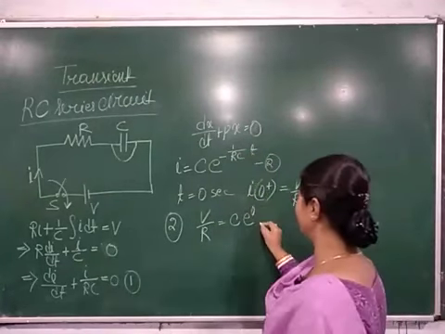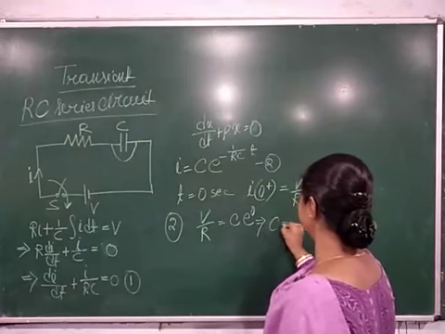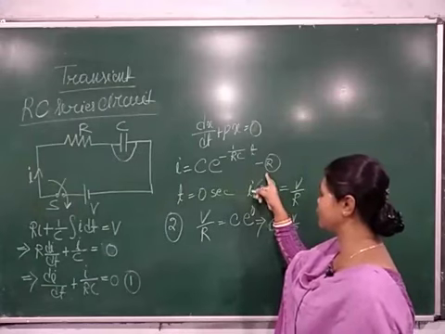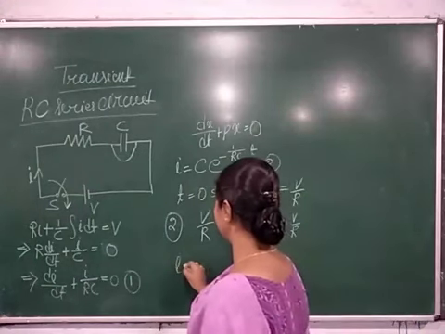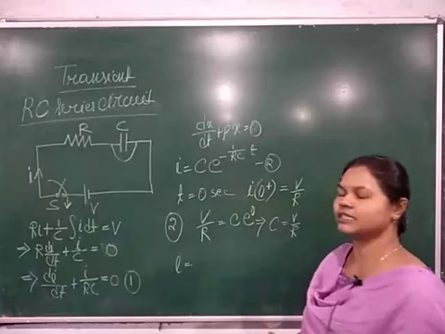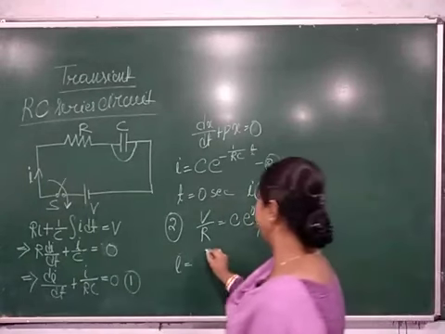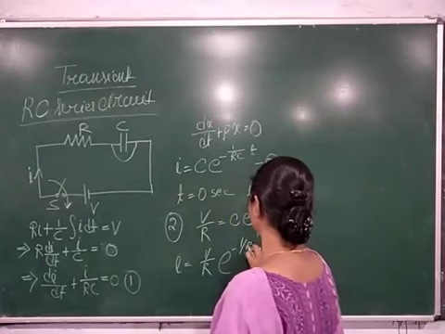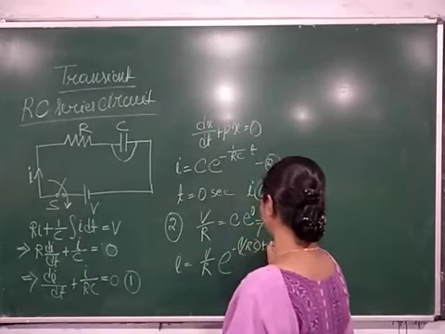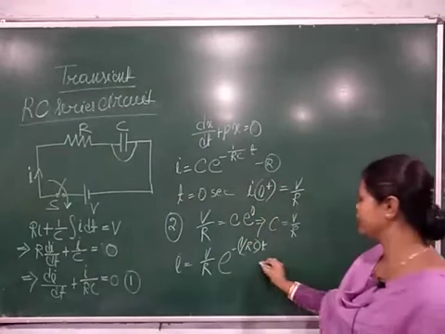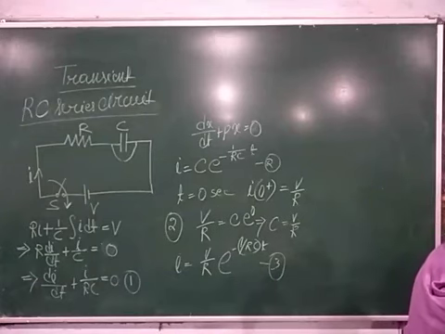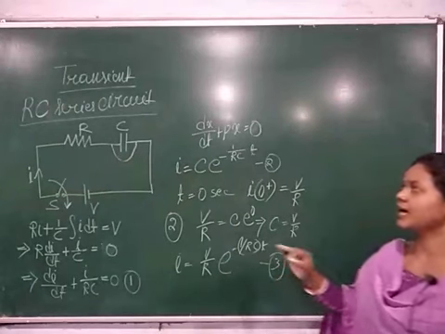So from here I get C is equal to V by R. Finally I put the value of C in equation number 2, which gives the transient response of the RC series circuit, that is i equal to V by R e to the power minus 1 by RC into t.